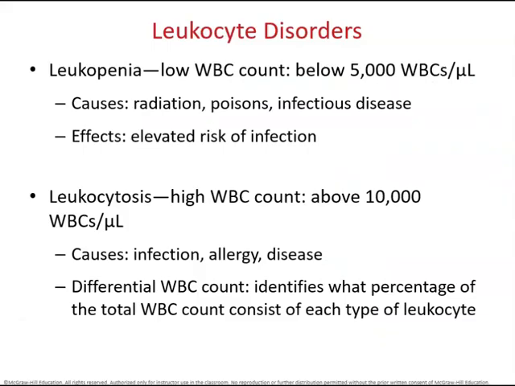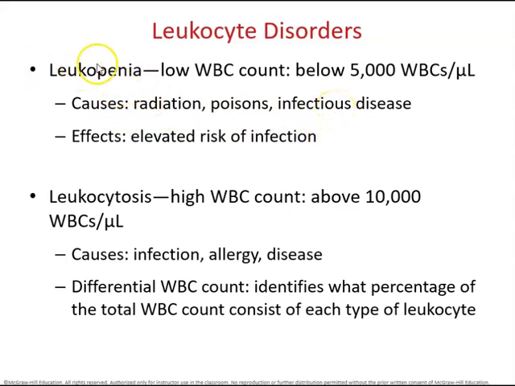There are several disorders related to leukocyte malfunction. The first one is leukopenia. Leukopenia has a low white blood cell count. The causes for leukopenia are radiation, poisons, or other types of infectious diseases.